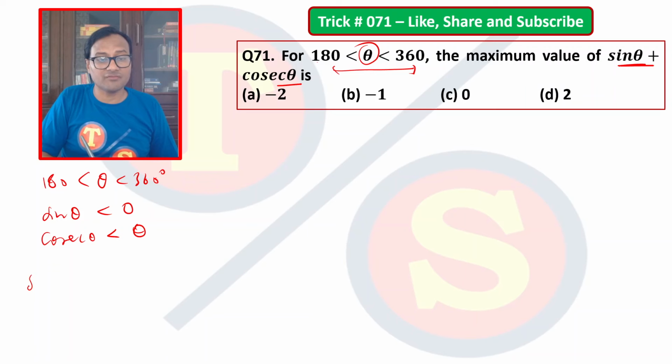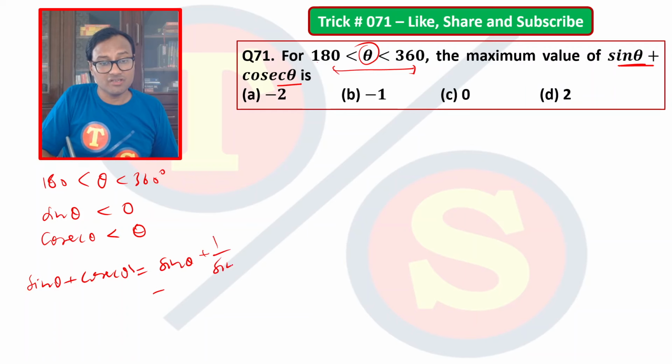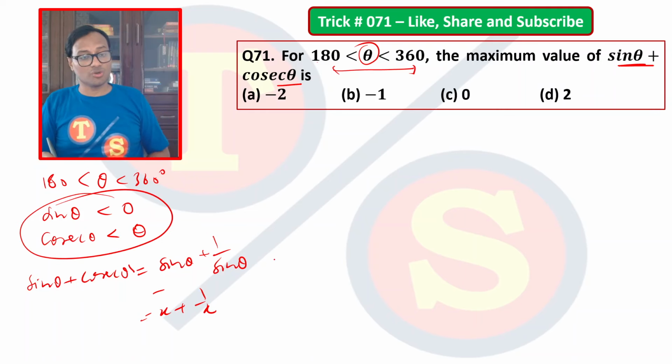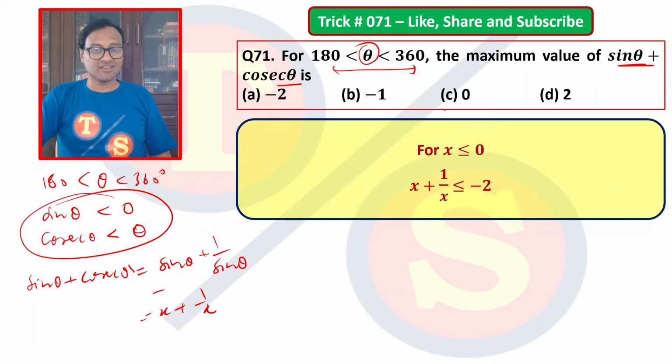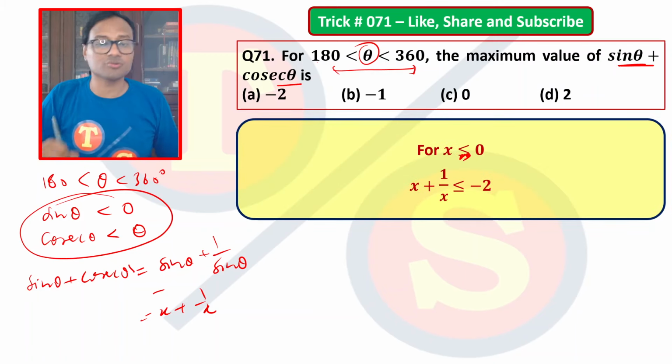So here we have one expression, sin theta plus cosec theta, that is basically sin theta plus 1 upon sin theta, which means the format is x plus 1 by x, where x is negative. Whenever x is negative, again we should not take the equal to sign.